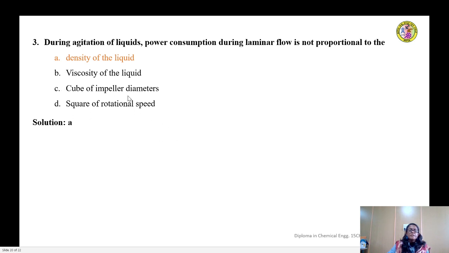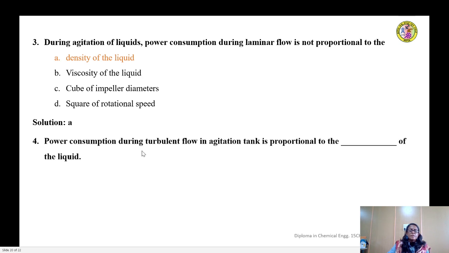So it depends upon the diameter, rotational speed as well as the viscosity. So power consumption during turbulent flow in an agitation tank is proportional to the viscosity, thermal conductivity, surface tension, density. So for turbulent flow, the power consumption depends upon the density of the liquids.